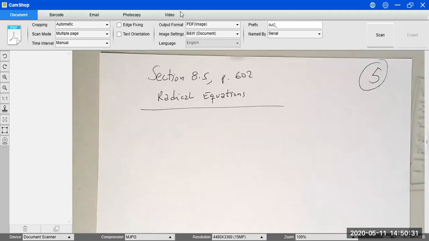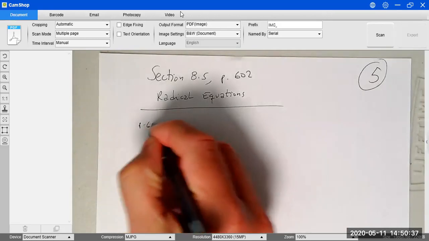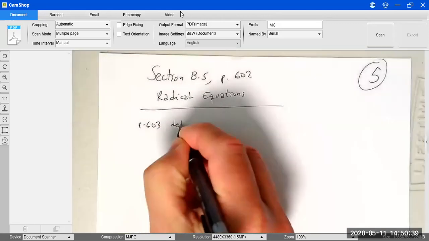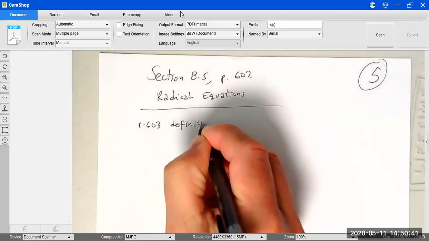So what is a radical equation? On page 603 you're going to find the definition.